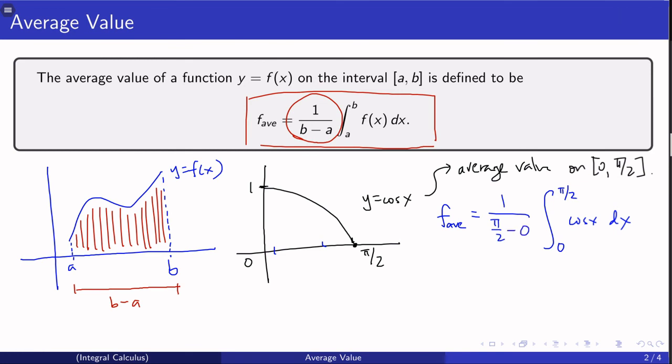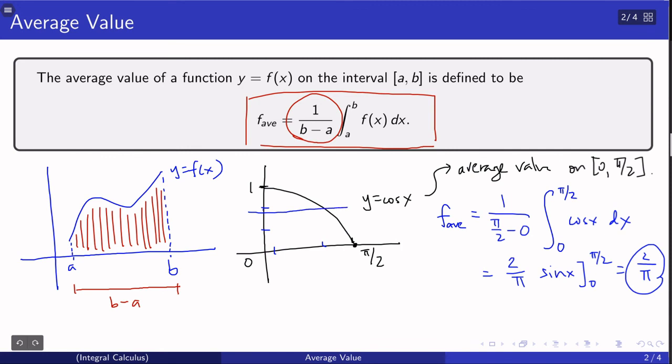I mean, that's how you can think of it, although technically that's not exactly what this is. But yeah, so now this is 2 over pi, and this is now sine x evaluated from 0 to pi over 2, which is just 1. So this is 2 over pi, or slightly smaller than 2/3. And if this is 2/3, then that means the average value is somewhere around this line.